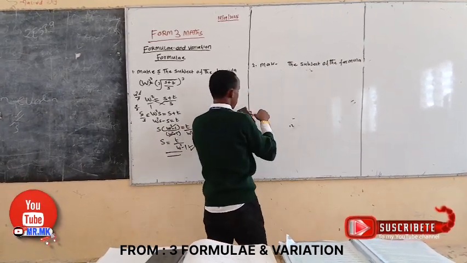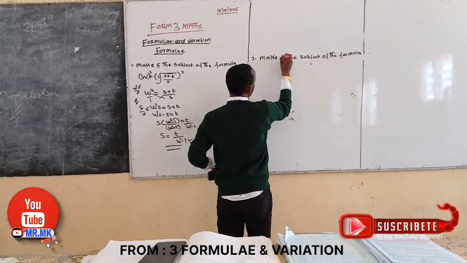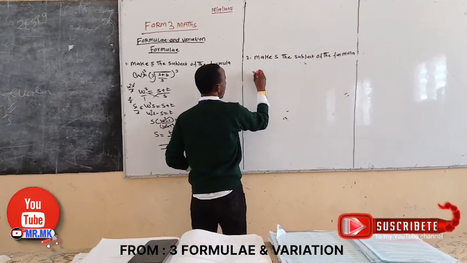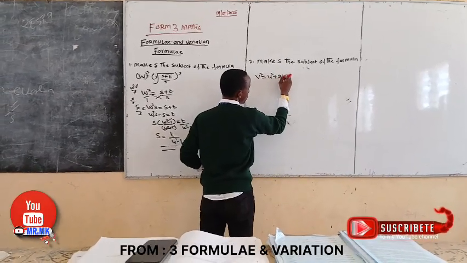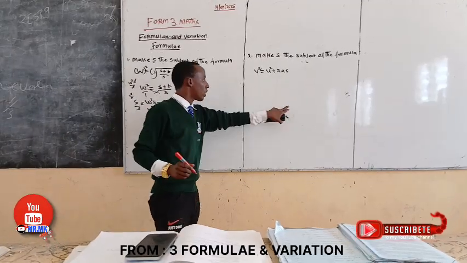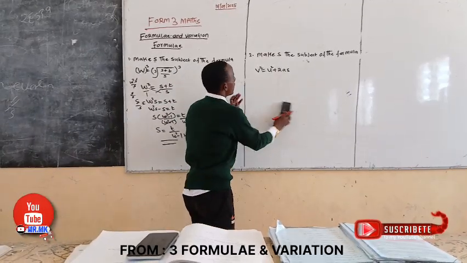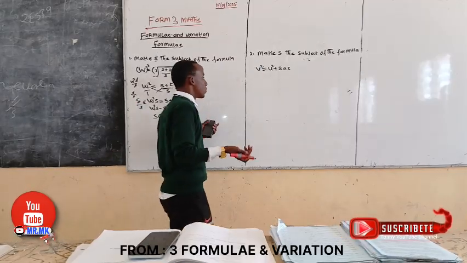Now, one more question. If I have it like this, make s the subject of the formula. I have v square is equal to u square plus 2as. How can I make s the subject of the formula? By just doing this.